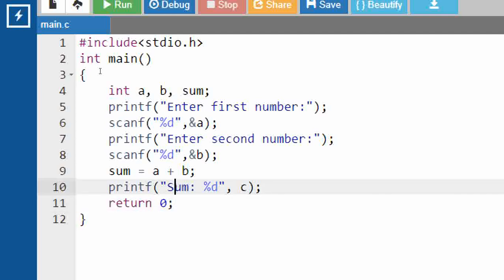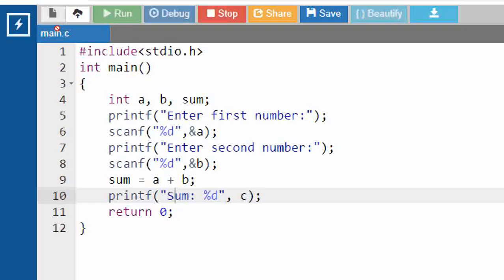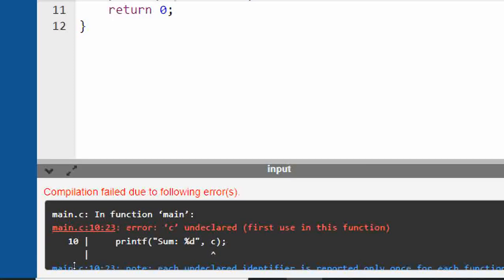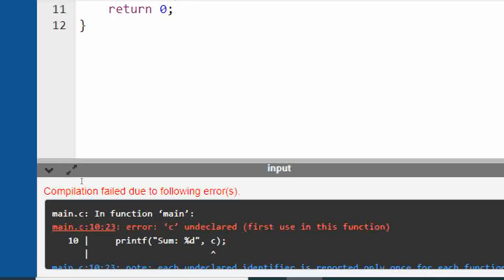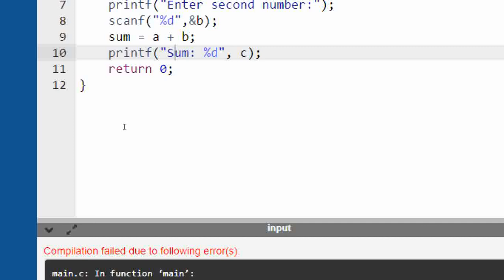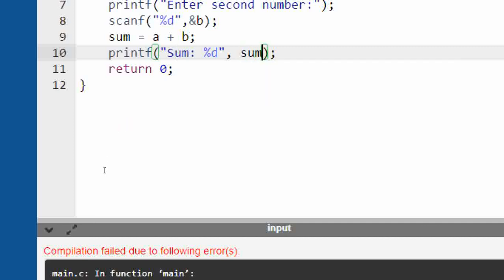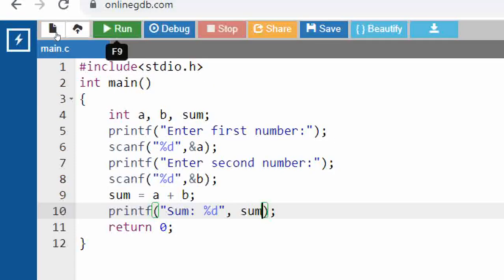Now this is the program where the values of a and b can vary. So we print the sum, c.